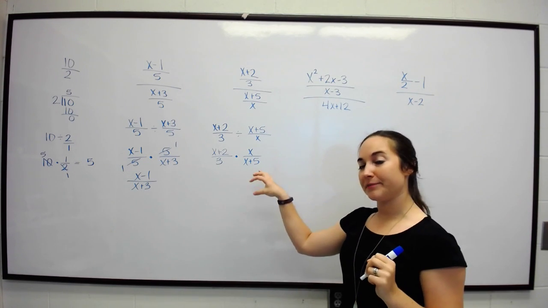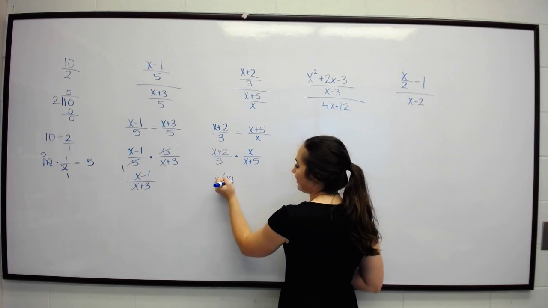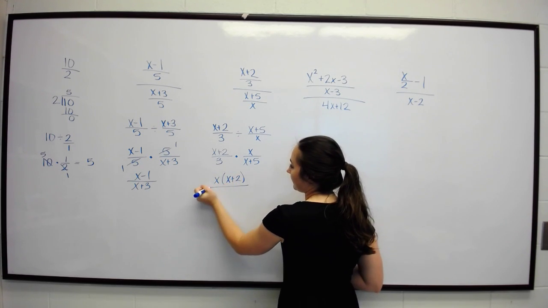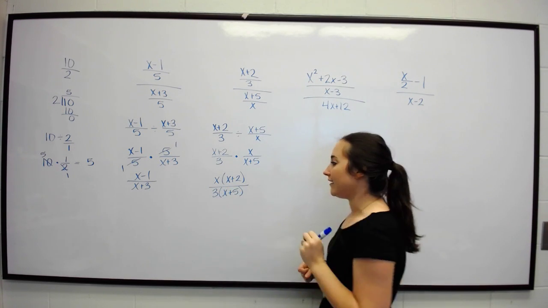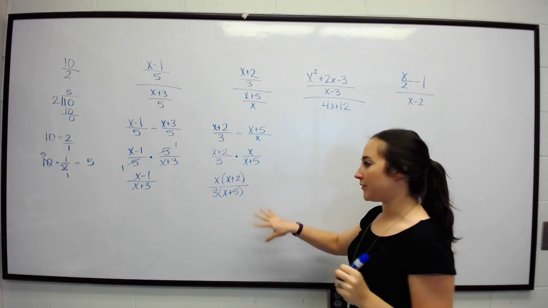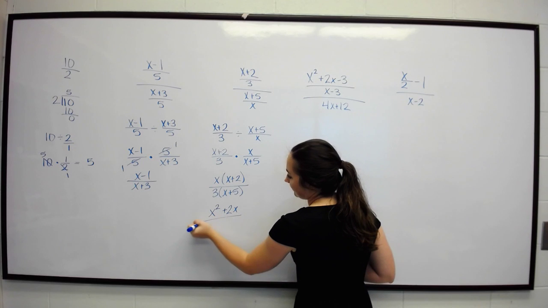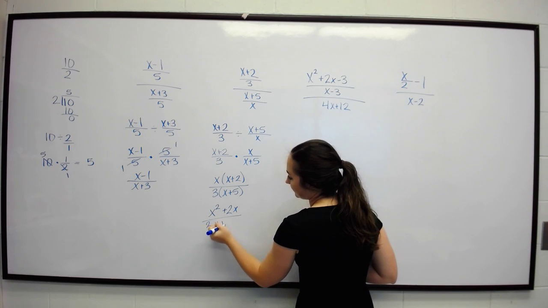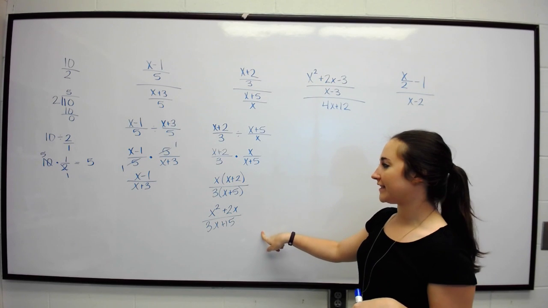Nothing is going to simplify here, so we're going to multiply across. So we have x times x plus 2 over 3 times x plus 5. Still nothing's going away, but if we wanted to, we could simplify this by distributing the x, but it's not necessary, and distributing the 3. So either answer here would be correct.